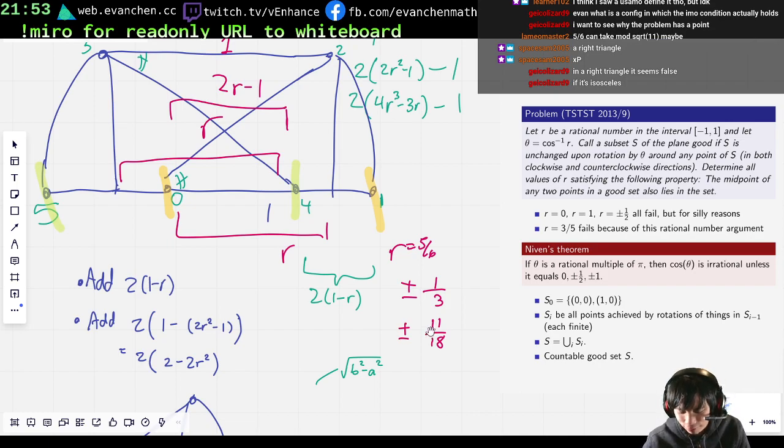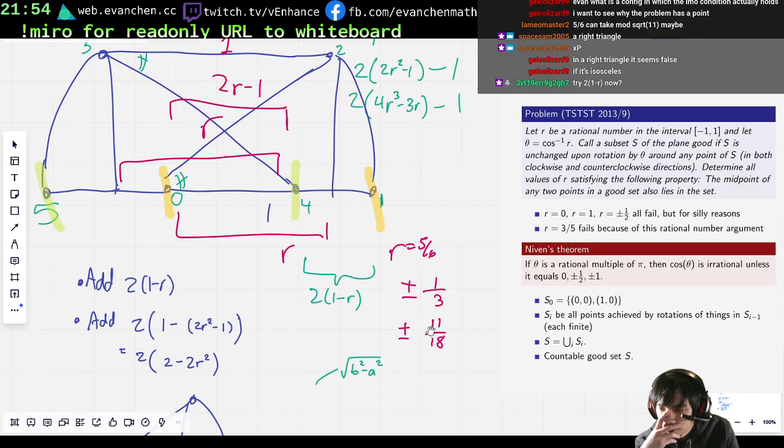Okay, actually, I agree with that. And in that case, it's reflection. But, like, 3/4 worked. Why shouldn't 5/6 work? Five, 6.